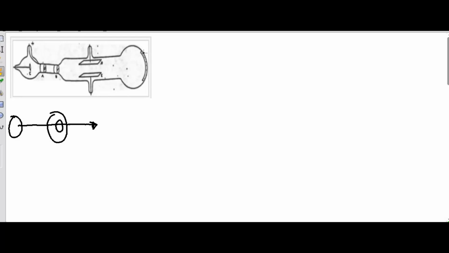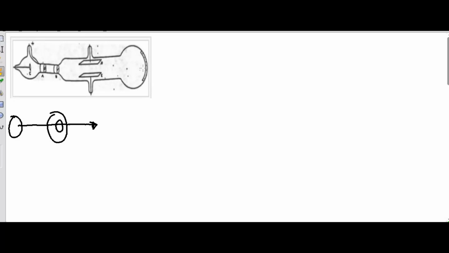Because of ionization or whatever phenomenon, you will see a glow. That proves that the particles which are actually traveling are negatively charged electrons, traveling from the cathode right through the anode and toward this end.